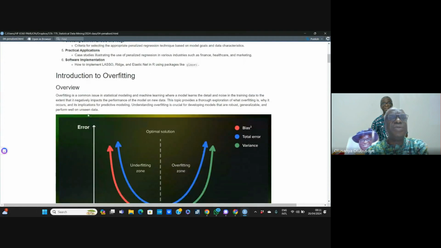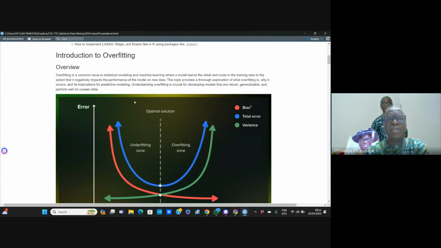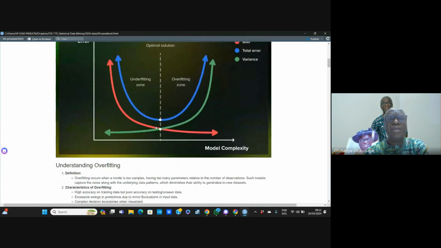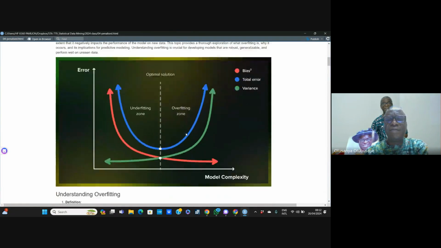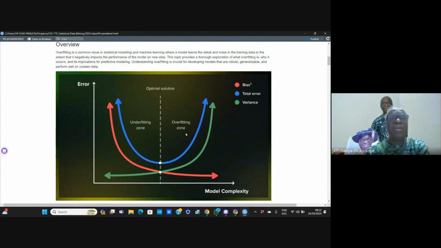Let's start with the issue of overfitting. And I deliberately brought this diagram again. We are familiar with it, but it's always very important for you to appreciate it in data mining, particularly the techniques we are employing in data mining. So I've explained this graph severally. Here you have the axis for the error.